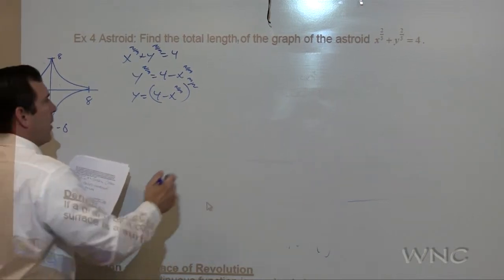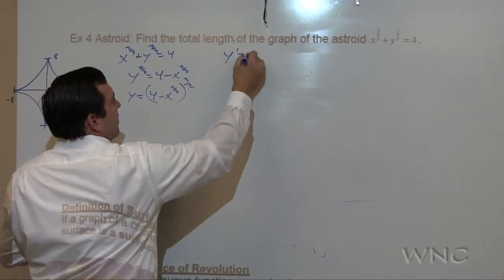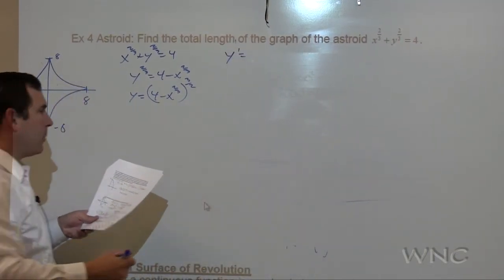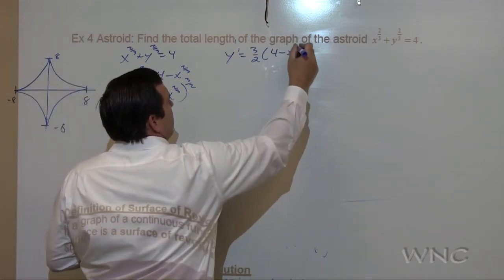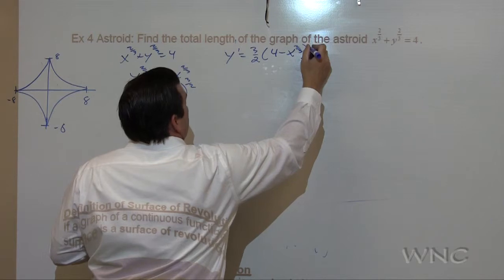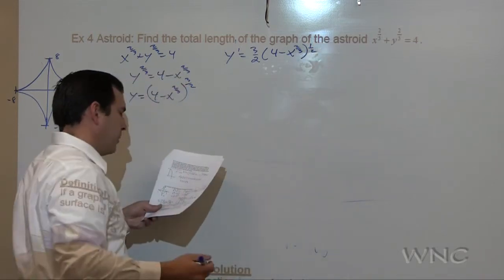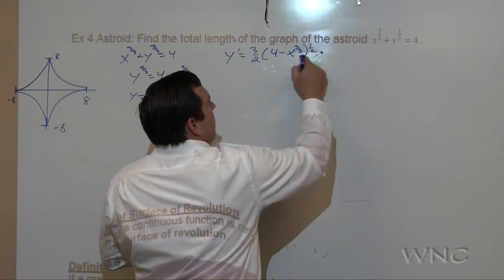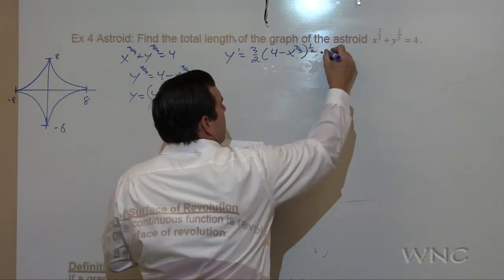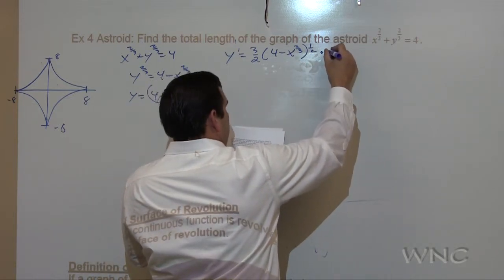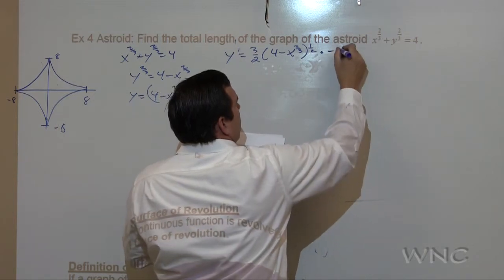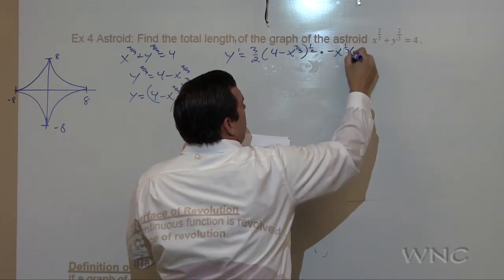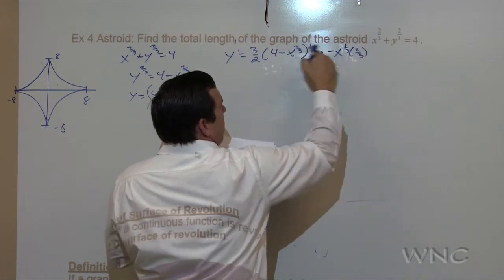So let's find y prime. That's going to be 3/2 times 4 minus x to the 2/3, to the 1/2, times this derivative here, which will be negative x to the 1/3 times 2/3, because that power comes down.